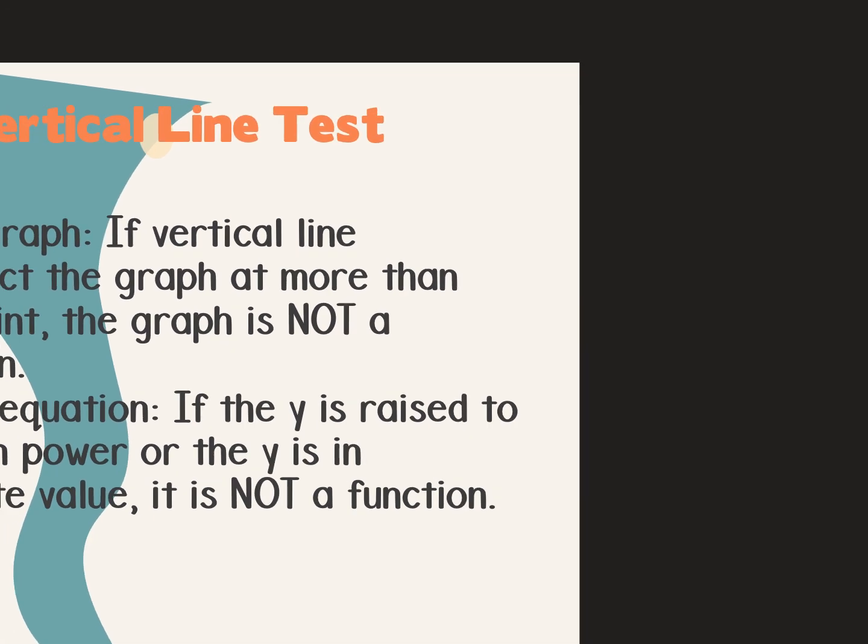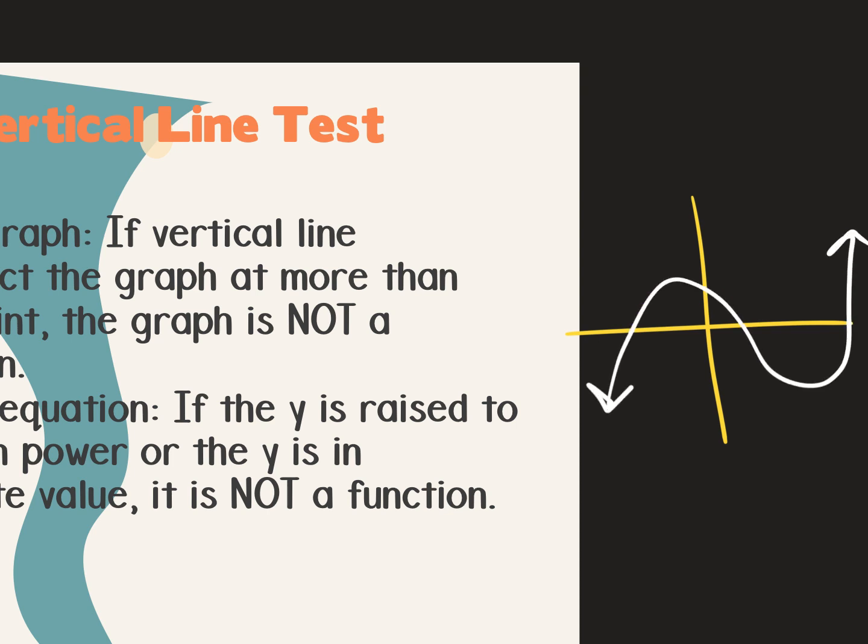Let me explain to you guys why that is, okay? So here's my XY chart, right? And then I have a function that looks like this. What kind of a line is a vertical line? Is it an X equals or is it a Y equals? An X equals. So think about this. If you have a vertical line, and it only intersects one time, how many x values are there for that specific point? 1.